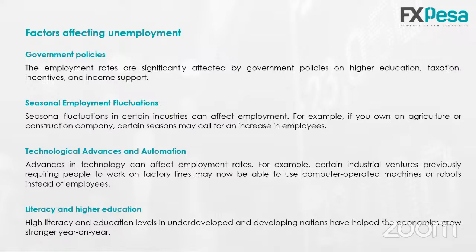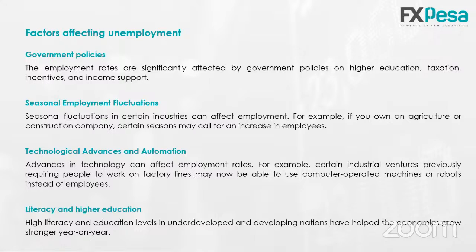So the number of people that might be employed in the agricultural sector will depend on the season, and the number of people who might be required to work, for example, in a plantation of a particular agricultural product.